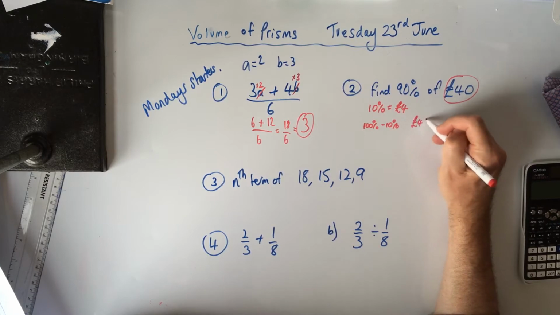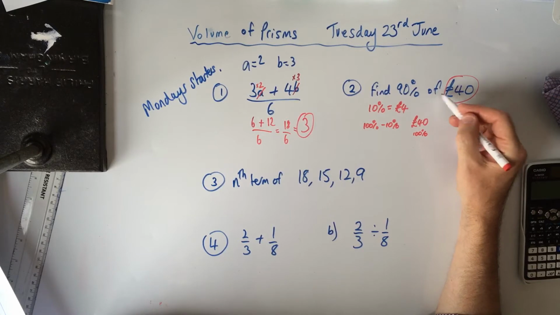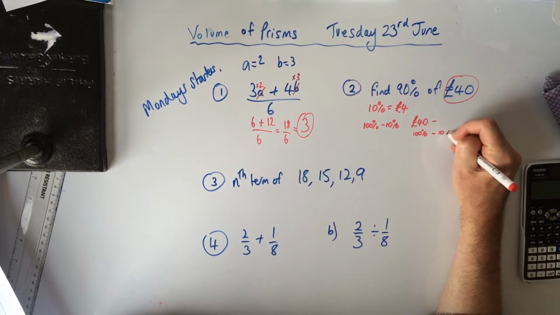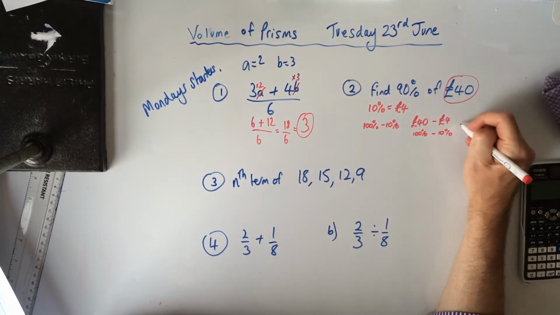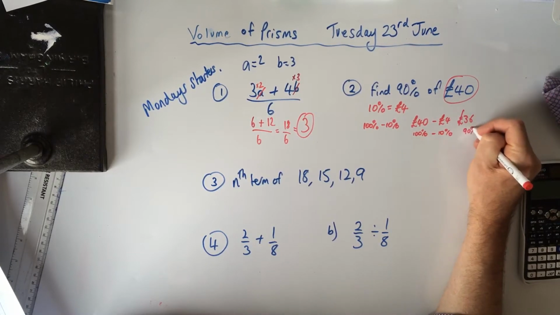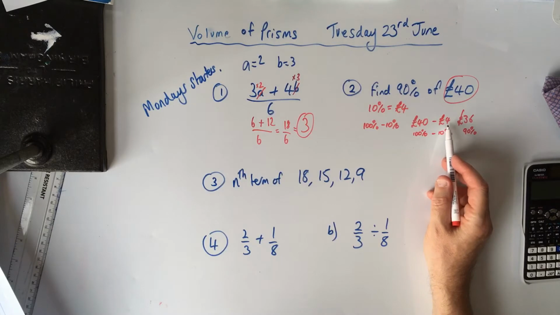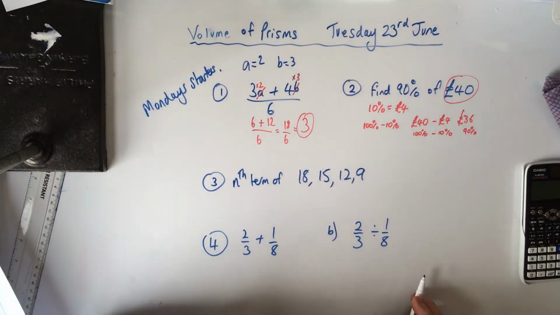So if we start off with 100% and take off 10%, which is £4, 40 take away 4 is £36, and that represents 90%. An easier way of doing it is to times 10% by 9. 4 times 9 is 36.